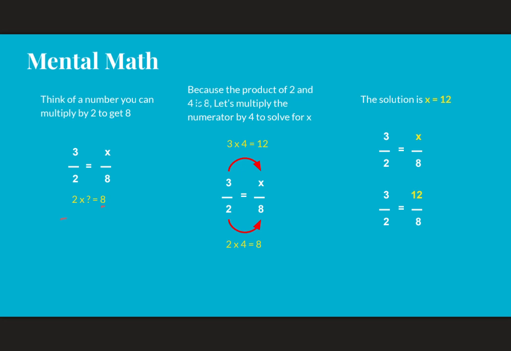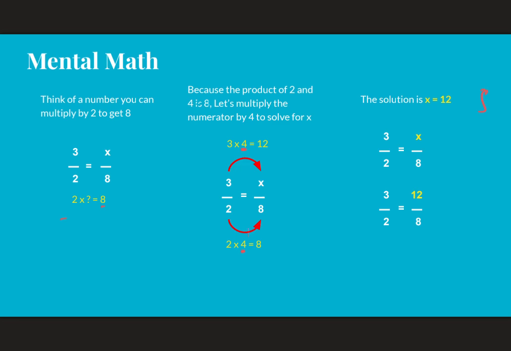Because we know that the product of 2 and 4 is 8, we multiplied the numerator by 4 also to solve for x. And on the right here, we learned that the solution for x is 12 when we multiplied the numerator and denominator by 4.